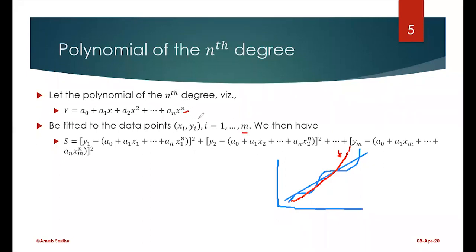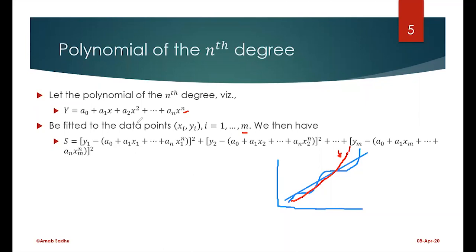So we are obviously fitting, and while fitting we will have some residuals. So some square residual error will be there. If you recall the earlier occasion, in case of linear fitting, we had yi minus f(x). What was the f(x)? f(x) was a0 plus a1x. Here the f(x) is a0 plus a1x up to an x to the power n. So we obviously will put a0 plus a1x1 up to an x1 to the power n.